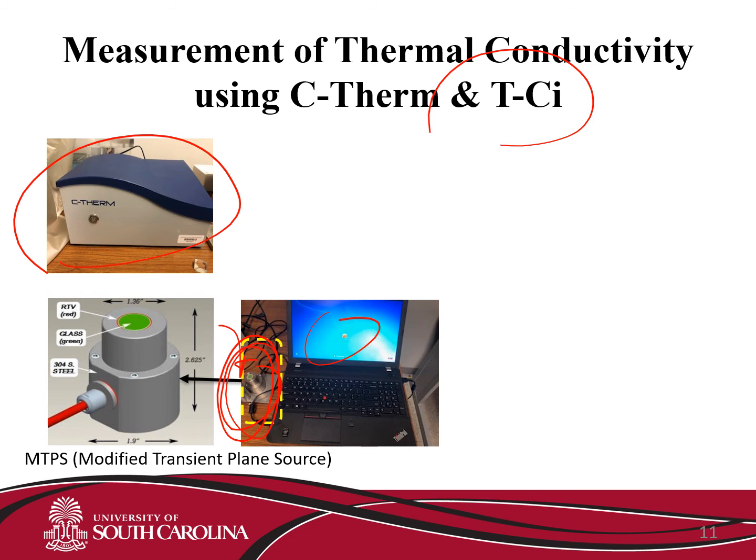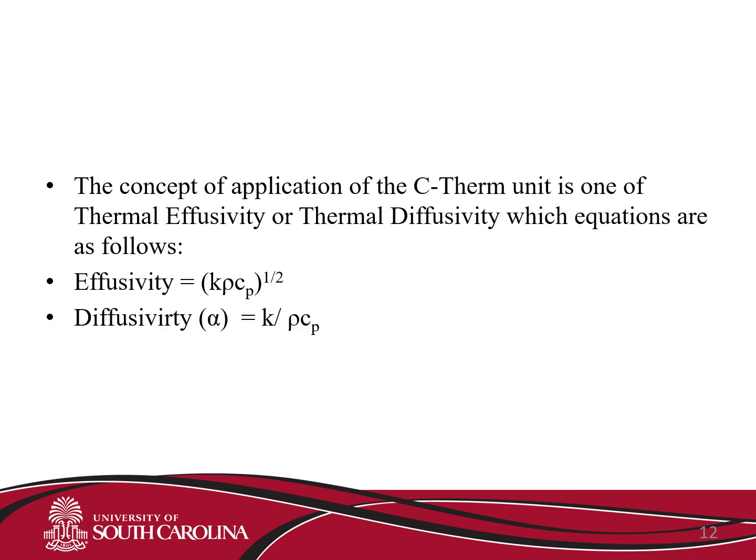When you calculate the thermal conductivity, you need to write why you got this result. Compare this result with the result that you got from Google. So the concept of application of the C-Therm unit is thermal effusivity, and in the lab program, you will find a table. I will send you a table.